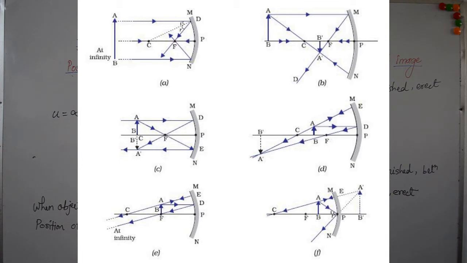It means that the size of the object is smaller than the size of the image. Image size is greater than object size and therefore it is magnified.